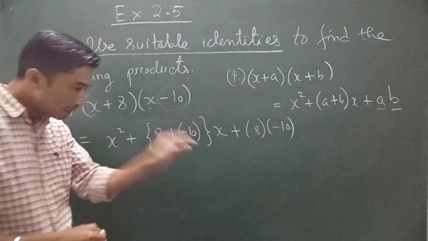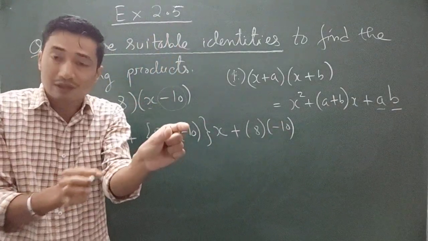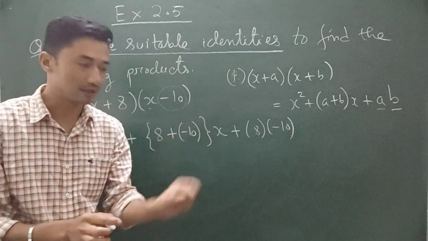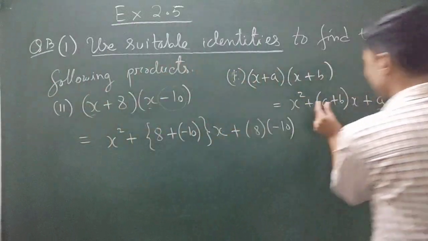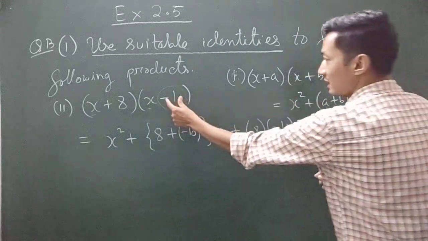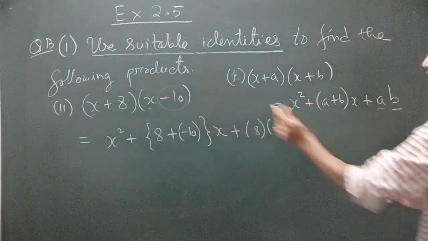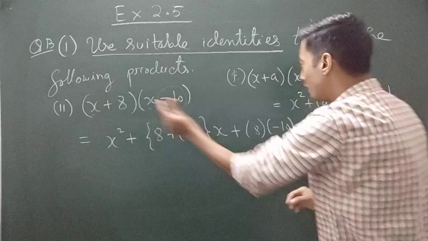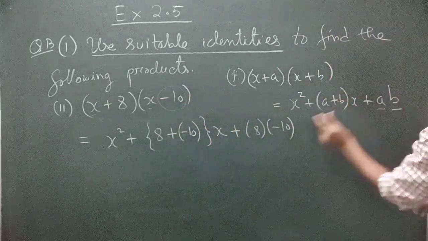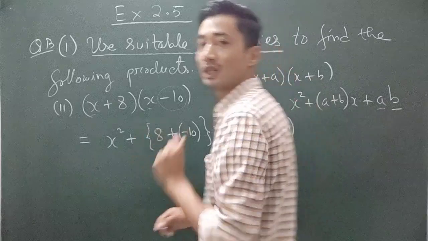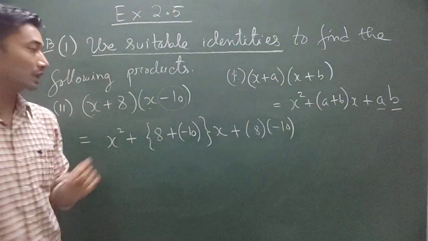It's just about picking up the numbers and putting them in their proper places, so I've picked up plus 8, minus 10, and put them in the same formula form.